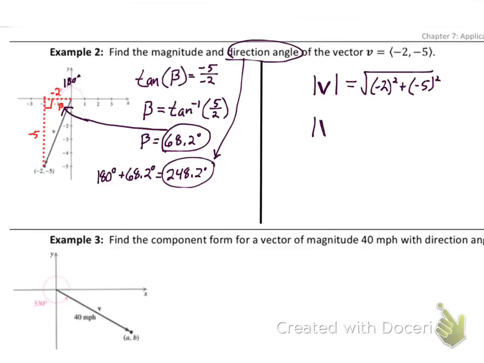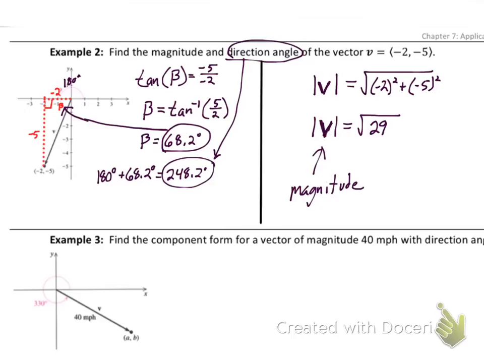So our magnitude is just going to equal the square root of 4 plus 25, which is 29. Magnitude's easy. Let's just state that this is the magnitude, that way when you're studying this a couple weeks from now, you'll know which one was the magnitude and which one was your directional angle.